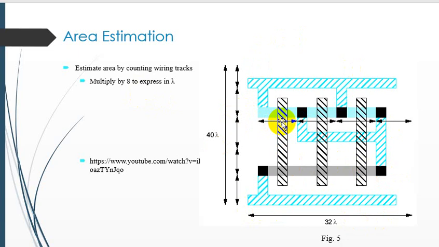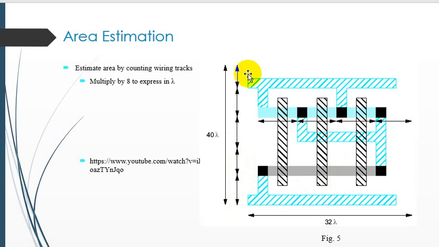For area estimation we just count the wire tracks in the horizontal and vertical directions. In the horizontal direction we have 4 wiring tracks, and we multiply by 8. So 8 multiplied by 4 is 32 lambda, the width of the 3 input NAND gate.